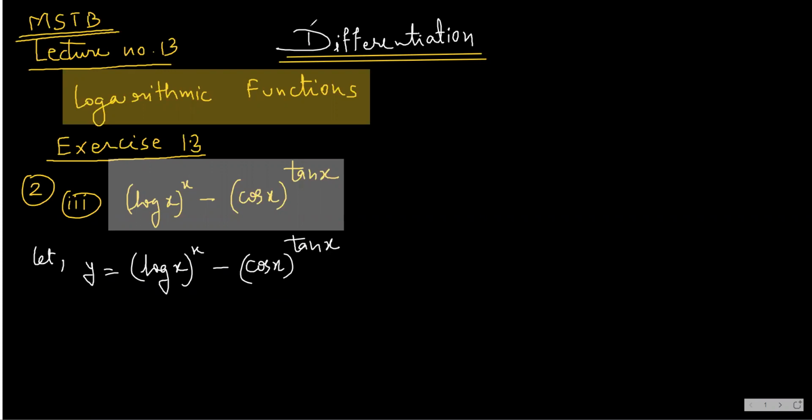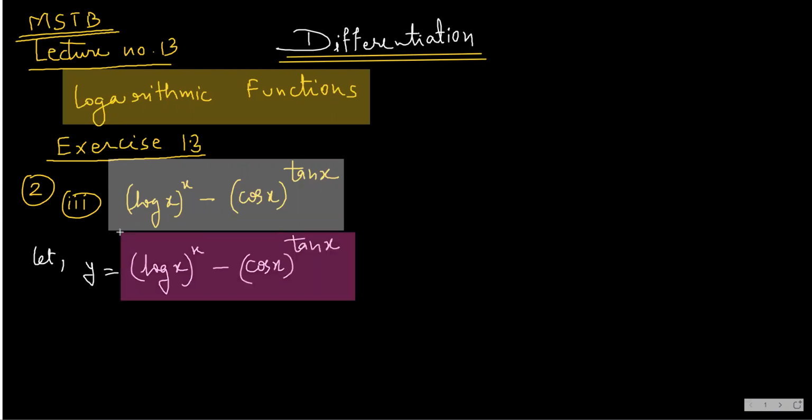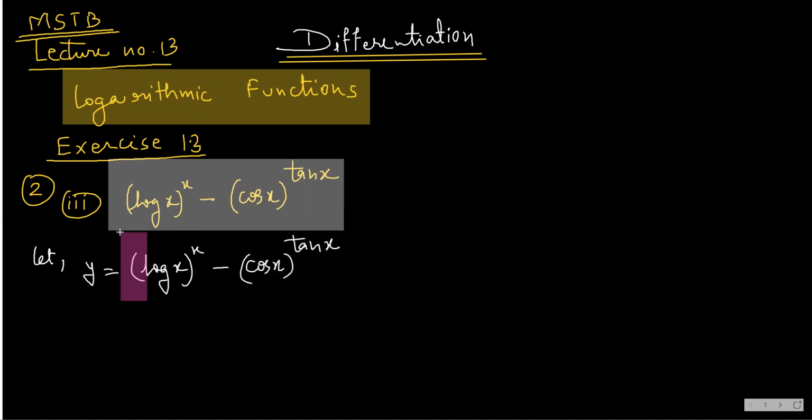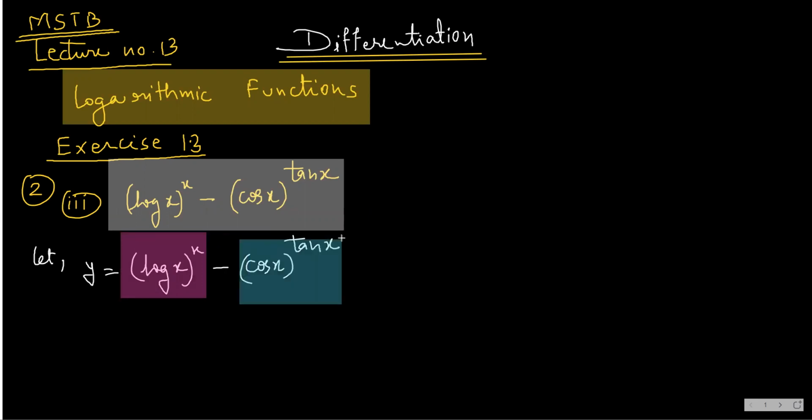Now here, see students, this is something which we are coming across for the first time. You are differentiating such a function for the first time. First of all, you have a difference of two functions. Log x raised to x is one function and cos x raised to tan x is another function.